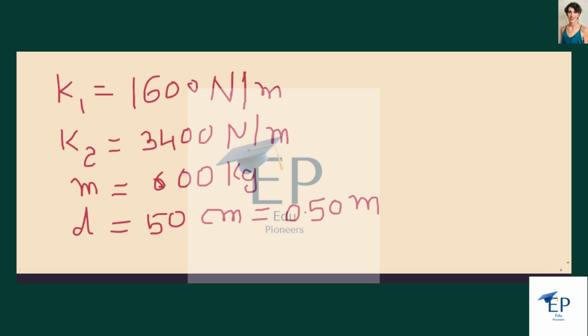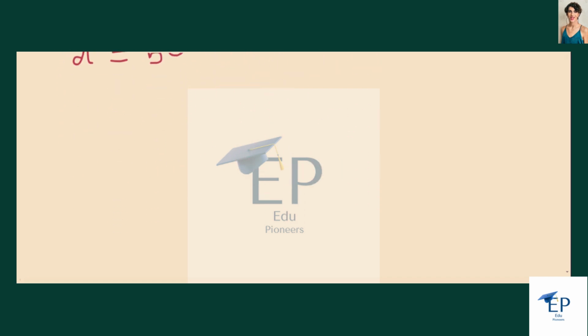Here, to find kinetic energy, we know its formula: the kinetic energy K.E. is equal to 1 half mv square. Now we will put the values here.